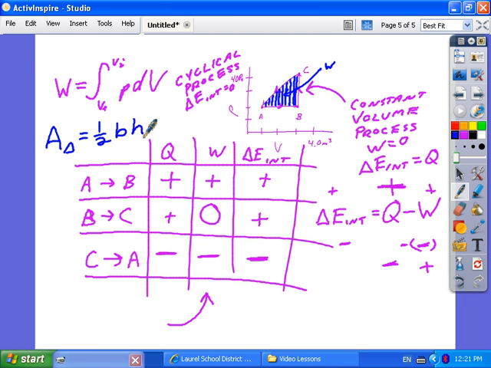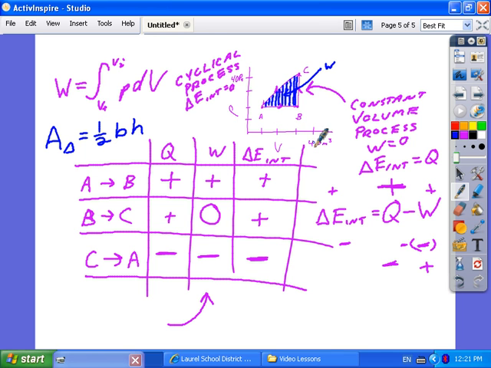Sorry about that. So, right, as long as I can tell how big the base of this triangle is and how tall the height of this triangle is, I can figure out what the area of it will be. Now, I showed you in a previous video lesson that when you take the pressure, which is in pascals or newtons per meter squared, and you multiply it by volume, which is in meters cubed, you end up with Newton meters, which happens to also be joules, which will tell us how much work is being done.